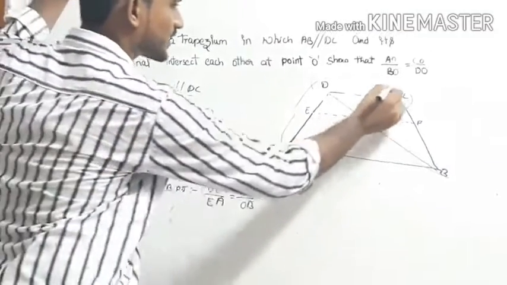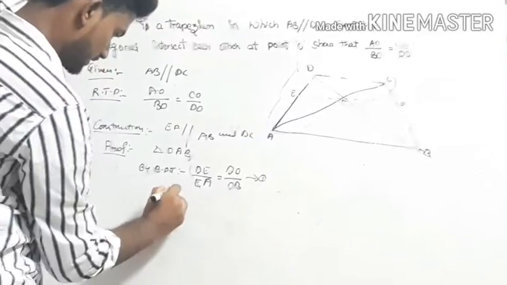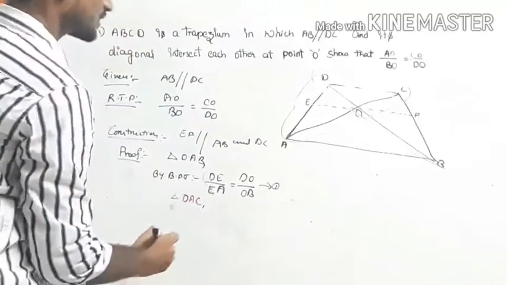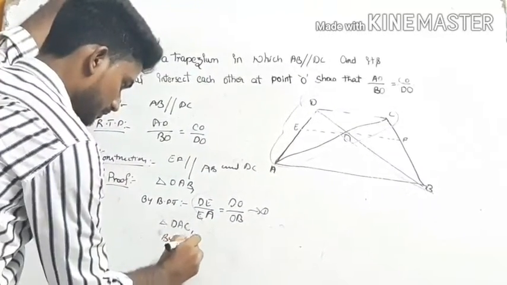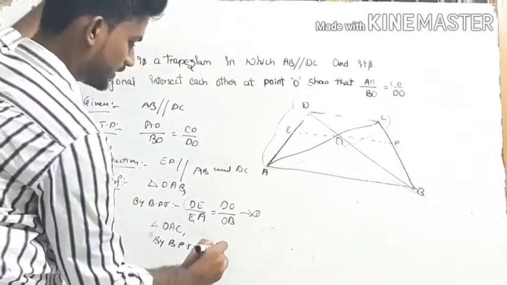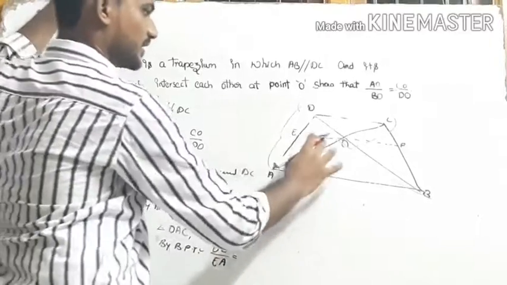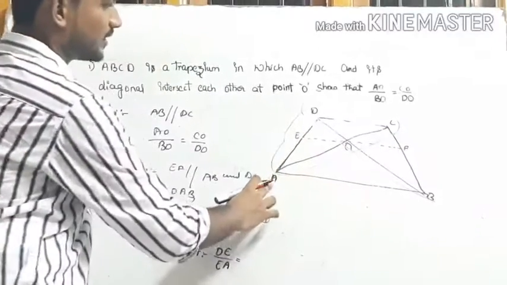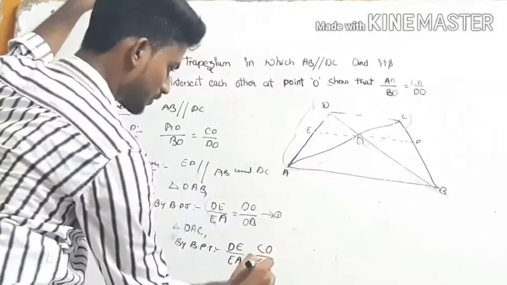Next, triangle DAC. By BPT, since EO and DC are parallel, we can write DE by EA equals CO by OA.